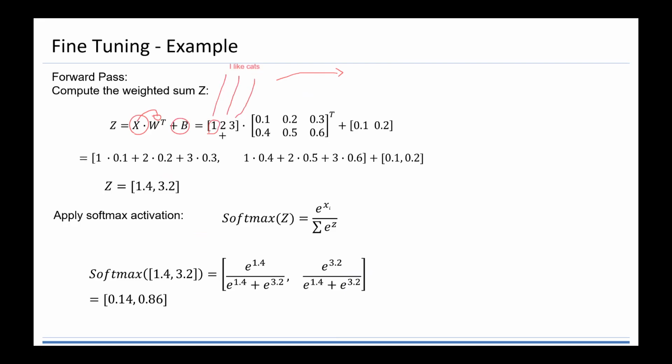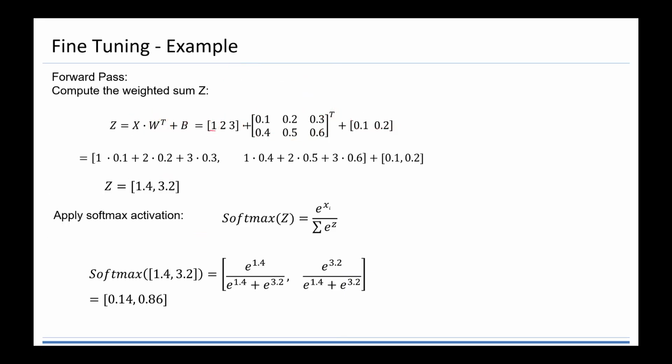So I have 1, 2, and 3, and then we have the weight transpose plus the bias. The weight transpose is the weight whose numbers we saw in the previous slide, and we take the transpose plus the bias. Then we can just do the matrix multiplication.